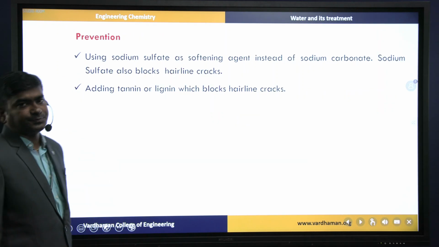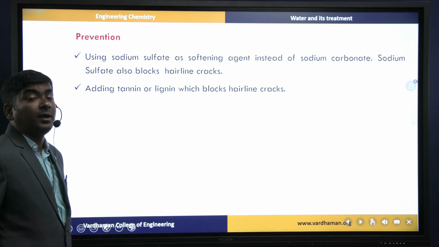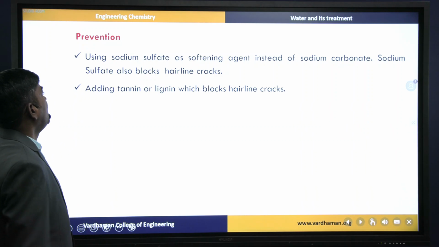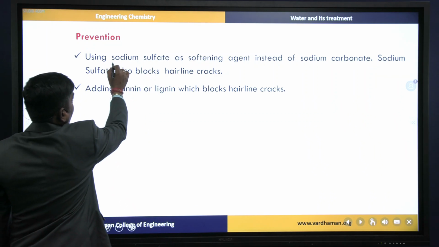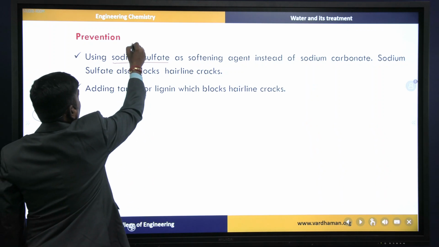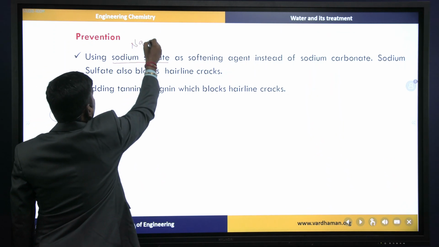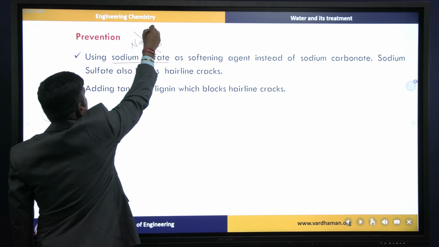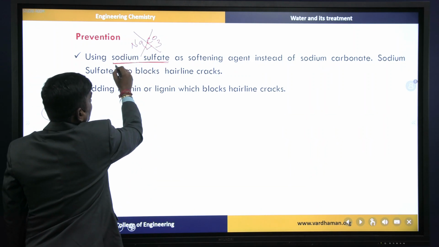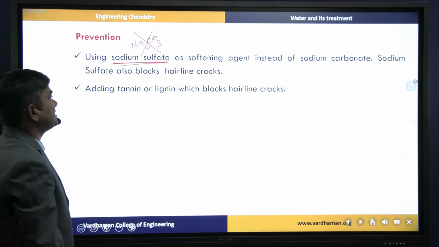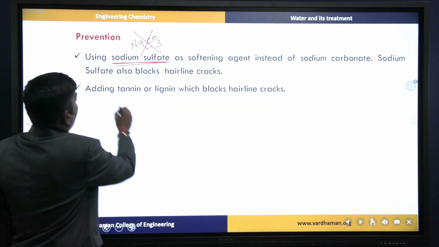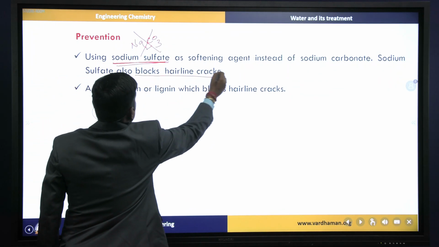So how do we prevent this caustic embrittlement or boiler corrosion? Use sodium sulfate as a softening agent. That means avoid using sodium carbonate and go for sodium sulfate, which also blocks hairline cracks.